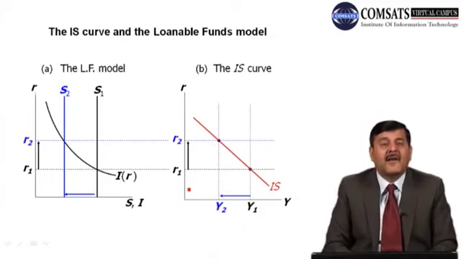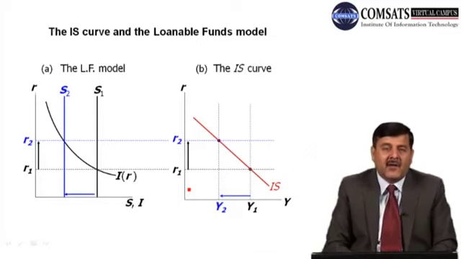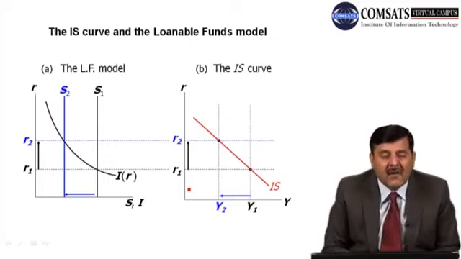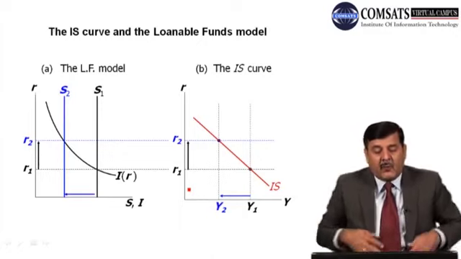On the y-axis we measure the interest rate, on the x-axis saving and investment, right? ये हम ऑलरेडी डिटेल में डिस्कस कर चुके हैं लोनेबल फंड्स मार्केट को, जहाँ पे हमारे पास 2 कर्व्स होते हैं. One is the investment curve, the other is the saving curve. Savings are given, so we have a vertical saving curve. The investment curve is downward sloping, so both curves intersect each other at a point, let us say point A.